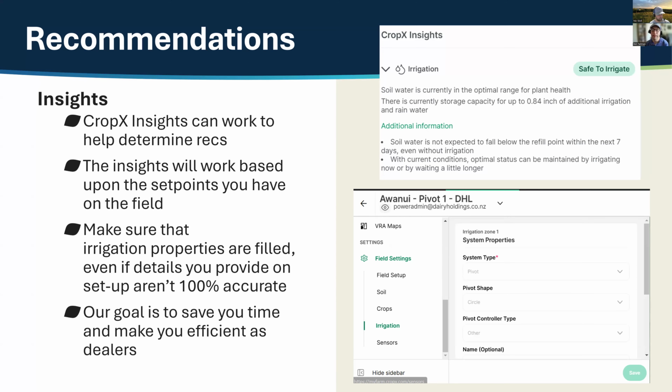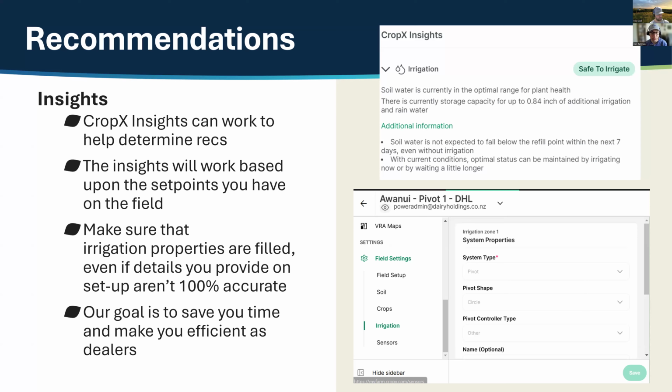Now, if someone's using the VRI tool, you do need to make sure your information is accurate, because otherwise your prescriptions won't be accurate. But if you aren't using those prescriptions, feel free to guesstimate here and you'll be okay.